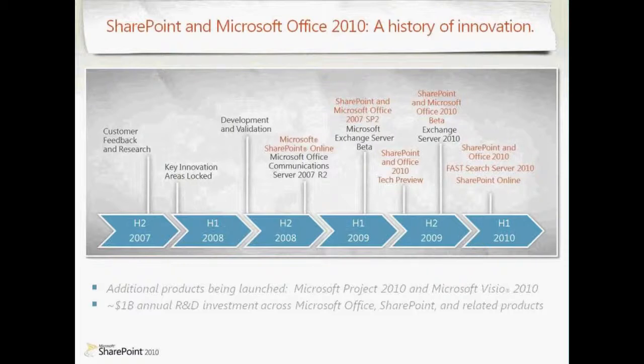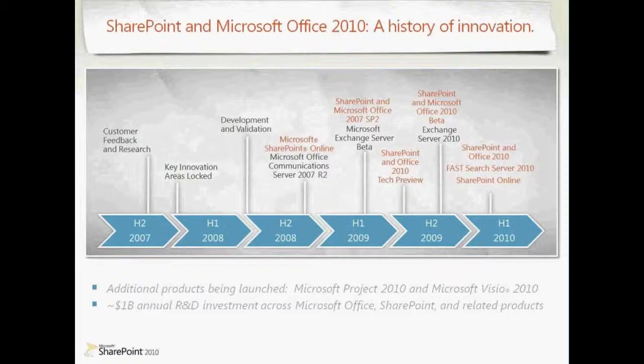SharePoint Office 2010 was released in technical preview in 2009, in beta in late 2009, and then was finally released in 2010. Part of what they did with SharePoint 2010 was they integrated this FAST Search Server, which gives us some additional searching capabilities, thumbnail previews of documents, being able to page through a document while you're just in the search phase without actually opening the document and so on.